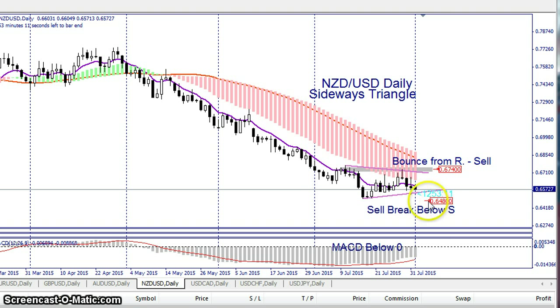This price here, this 64.80, is just a general indicator. What we're looking for is price to close below this level right here. For that, you usually have to wait till the end of the day.